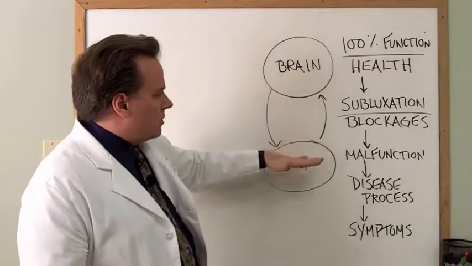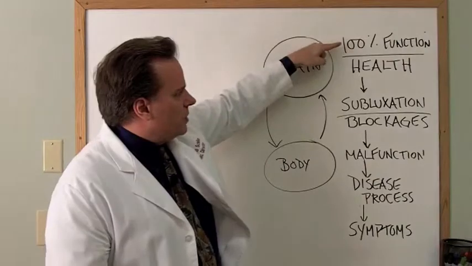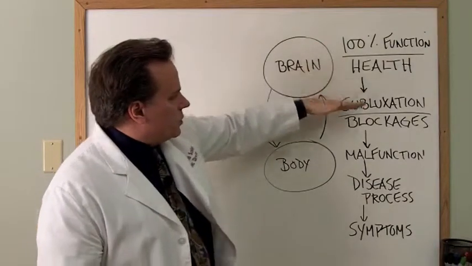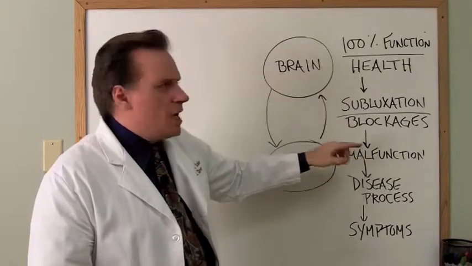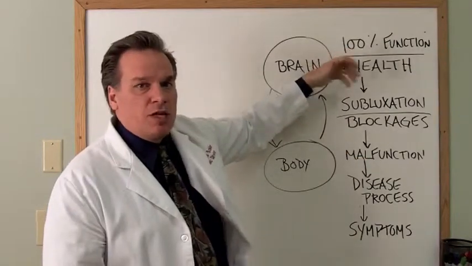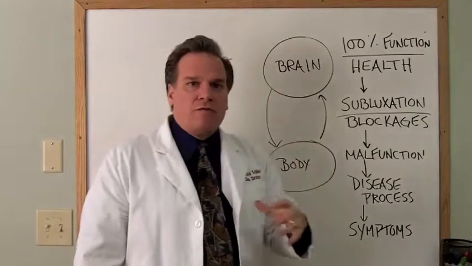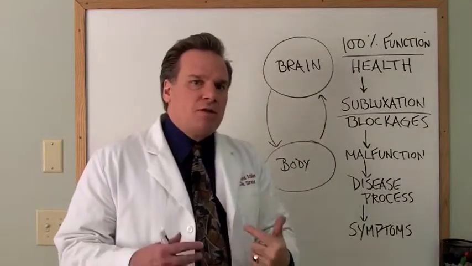So if the brain's controlling bodily function to keep it healthy, now that there's subluxations and blockages, then that interference is going to cause the malfunction, and now no longer are you functioning at 100%, so therefore you're no longer healthy.